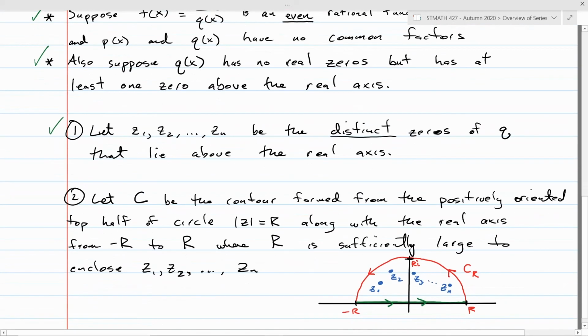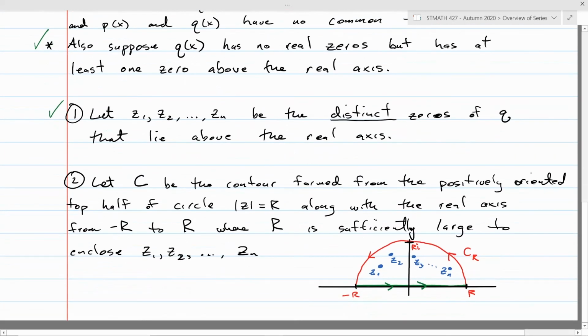Then step 2 is we're going to form a special contour from the positively oriented top half of the circle of radius r centered at the origin. In the picture below, I'm calling the red part C sub r. That's just the top half of a circle centered at the origin, radius r. And then the curve goes along the real axis from negative r to positive r. So if you follow all the way around, it forms a closed loop.